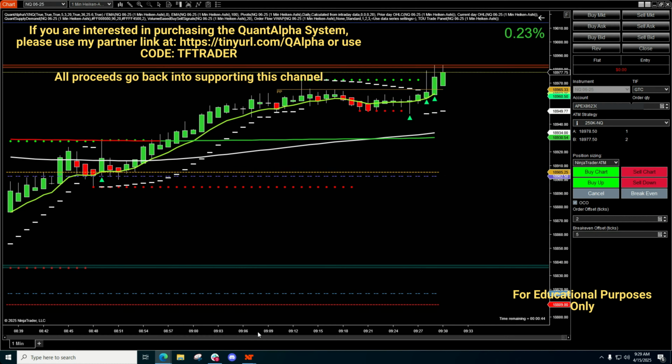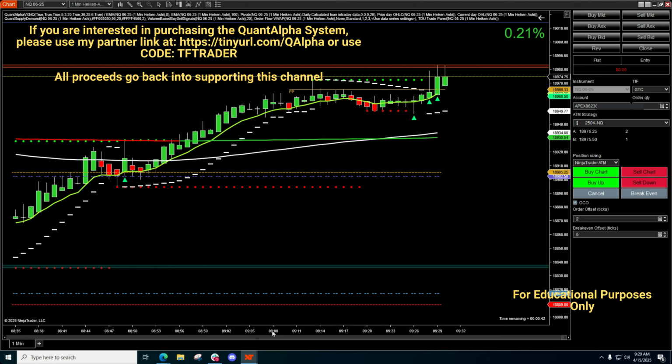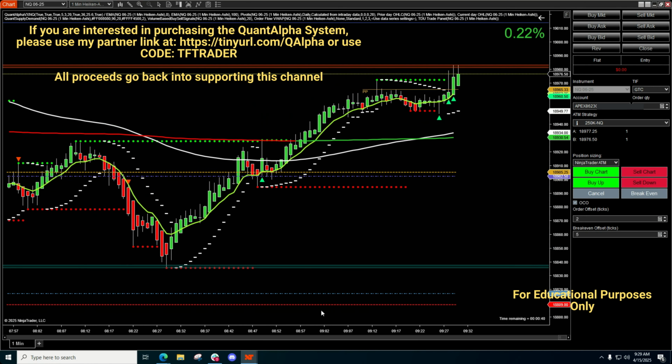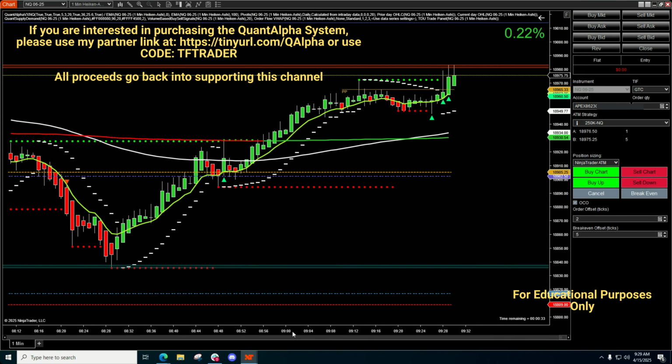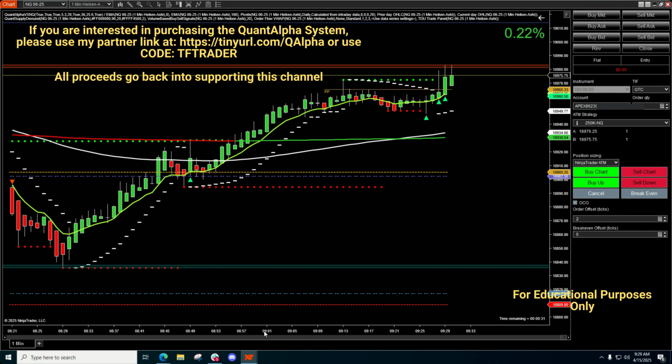We're going to be trading the NQ today on the 1-minute chart using the new Quant Alpha trading system. Quant Alpha is one of the new partnerships that wants us to share their manual trading strategy. It is not an automated trading strategy. It is a manual trading strategy, although I believe they do have a bot.